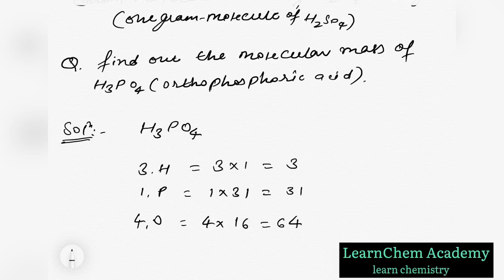So the total weight of this molecule will be 98 amu. This is the molecular mass of H3PO4.